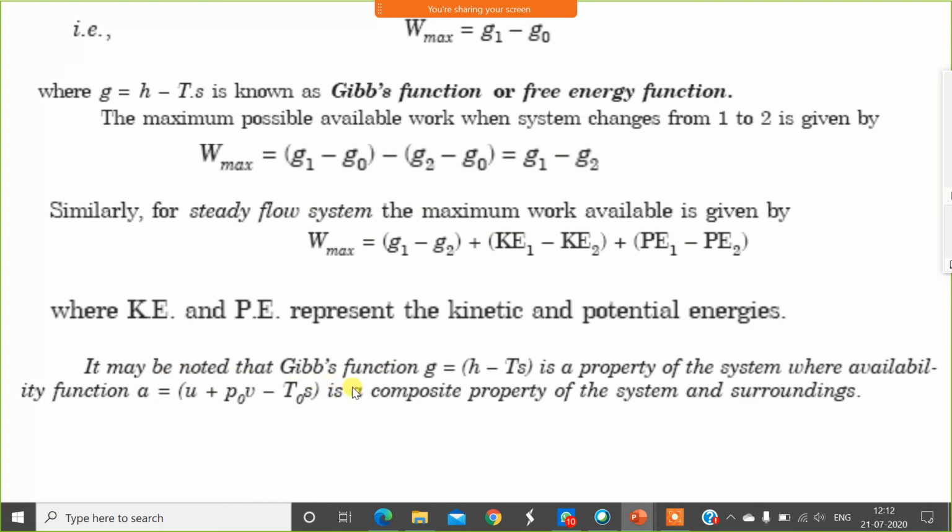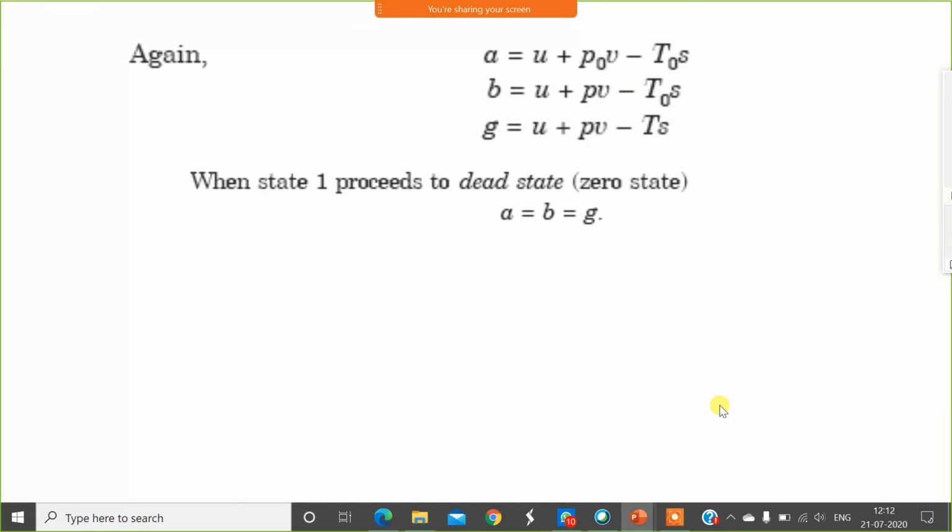It may be noted that the Gibbs function G is equal to H minus TS, a property of a system, whereas the availability function A, equal to U plus P0V minus T0S, is a composite property of a system and surroundings. We have already derived A is equal to U plus P0V minus T0S, B is equal to U plus PV minus T0S, G is equal to U plus PV minus TS.